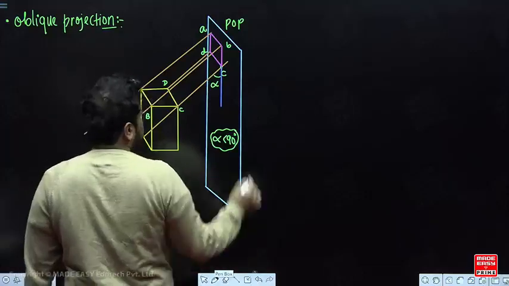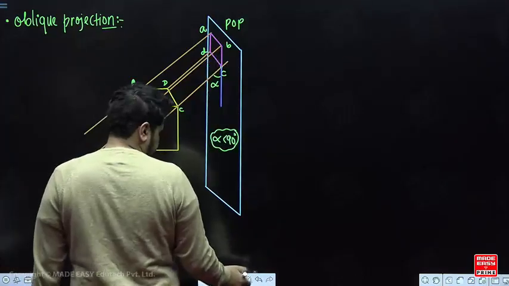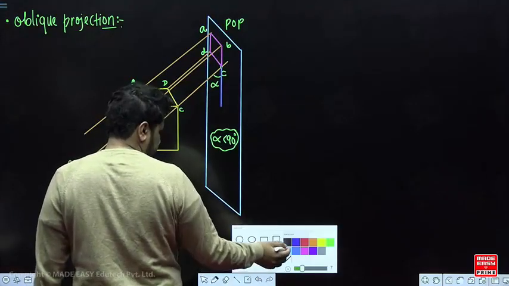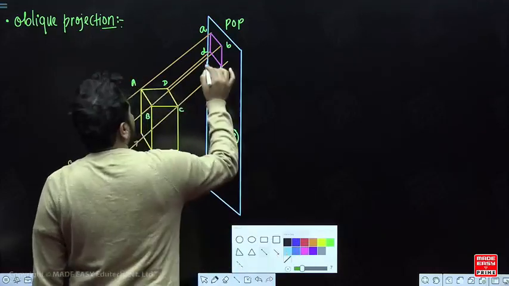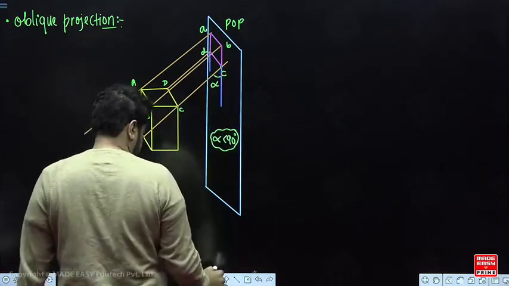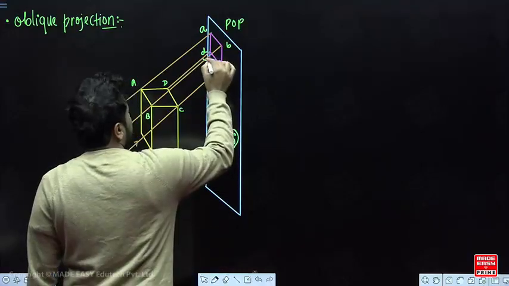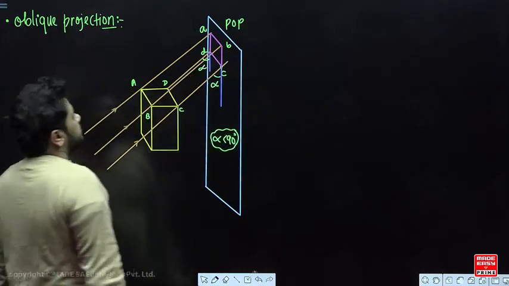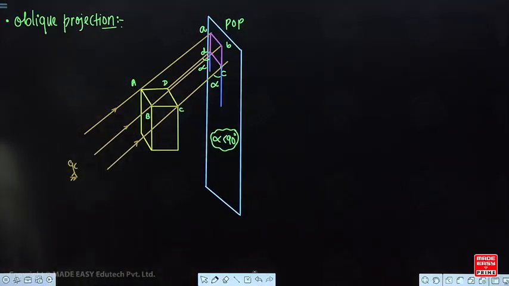You can see that this angle is nothing but your alpha. This angle alpha is less than 90 degrees, so it is called oblique projection. In orthographic projection, alpha was 90 degrees, isn't it?